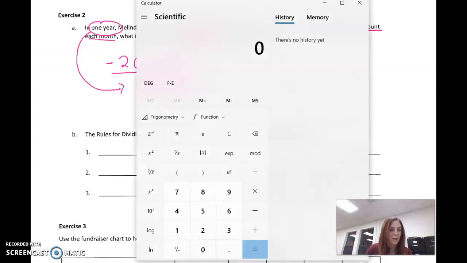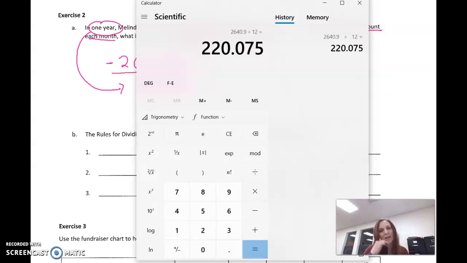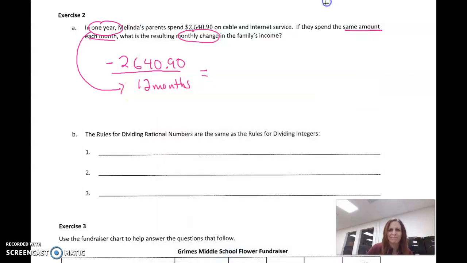I can't do a negative on my calculator here, so 2,640.90 divided by the 12 months, and I get $220.075. We have a little problem with this because this is money, and we only go to the hundredths. So you have to look at the one behind it. The 5 tells me that I should raise it up to an 8. So per month, it's $225.08.